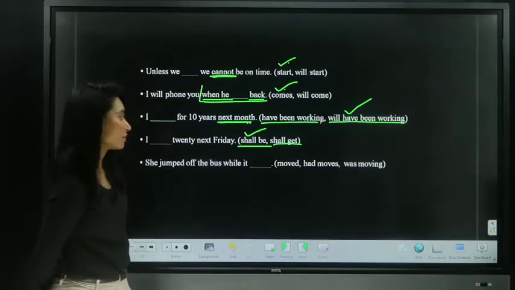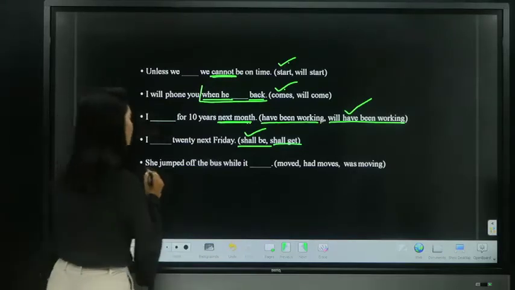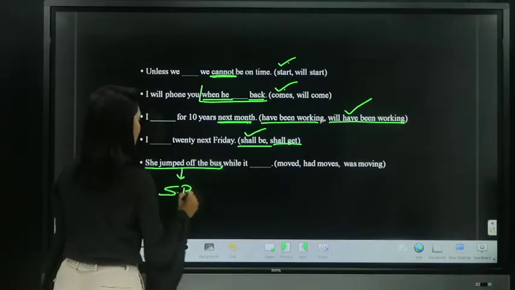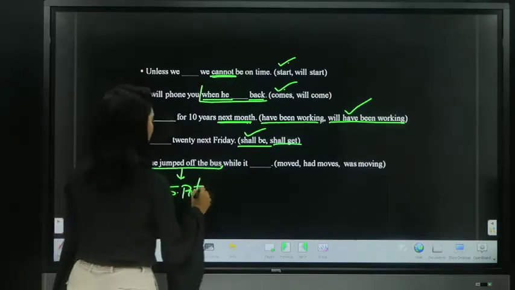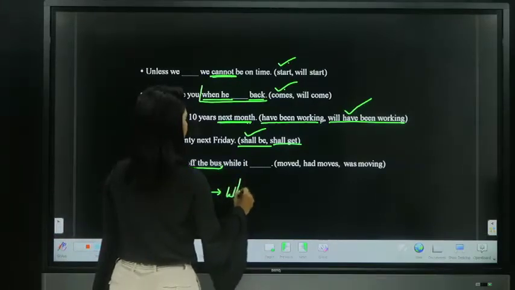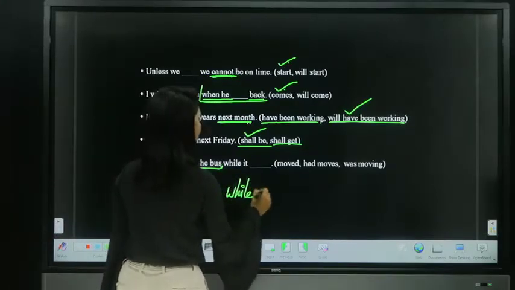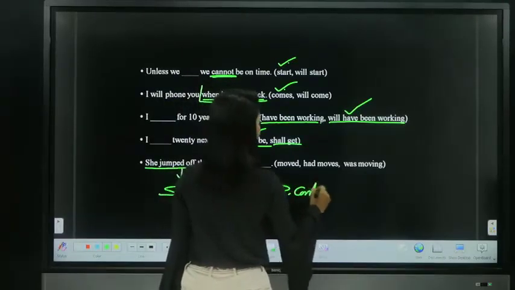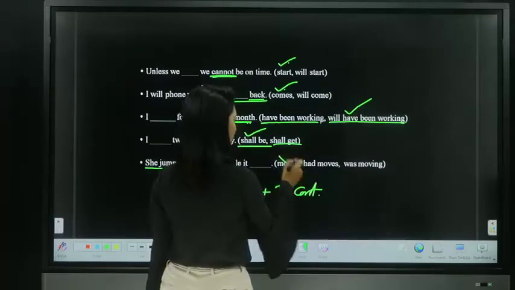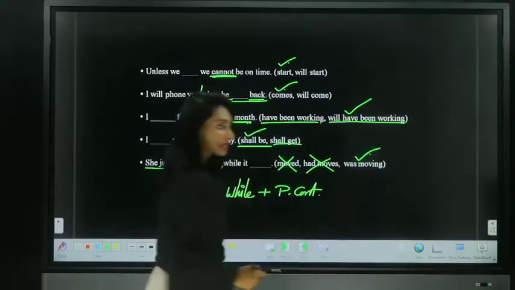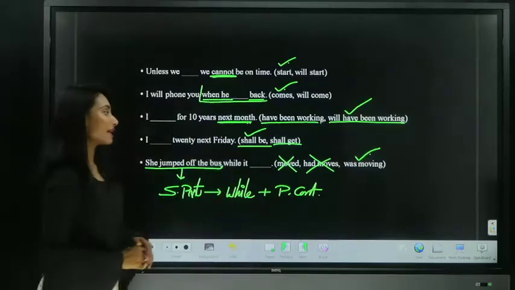All right. See, she jumped off the bus. It is in which tense? Simple past tense, followed by what? While is there. While takes which form? Continuous form. So where is continuous form? Moved. No. Had moved. No. Was moving is a continuous form. So right guys, you're correct.